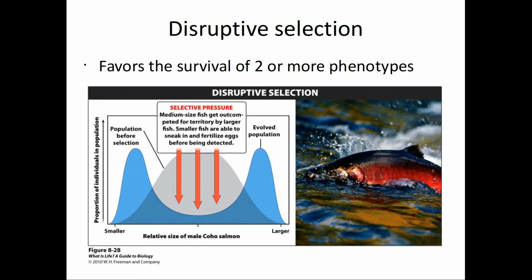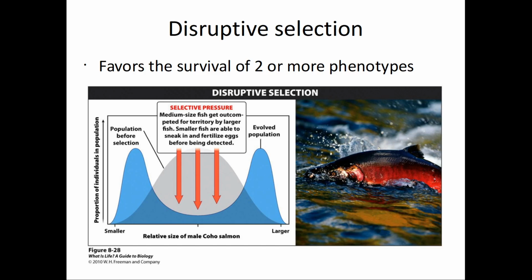And then you have disruptive selection, and this is where you have two populations that are particularly fit, maybe for different reasons. So in this case we're looking at salmon size.